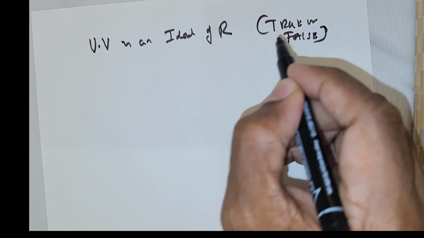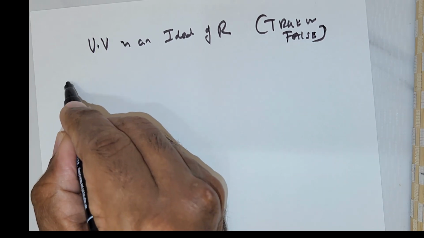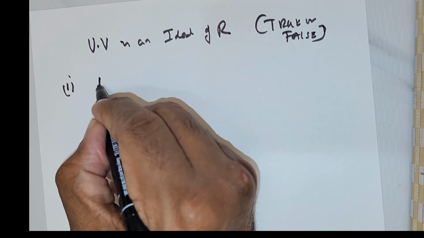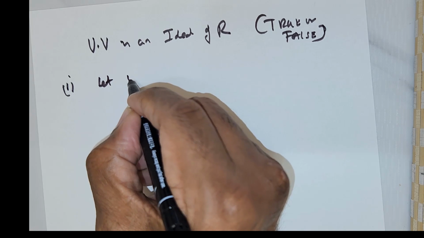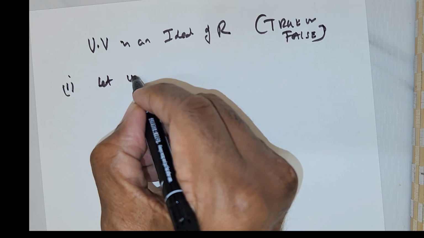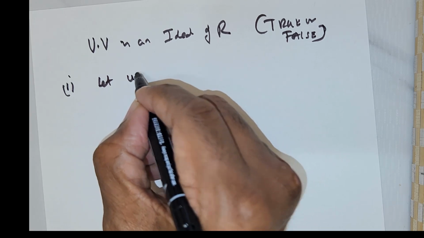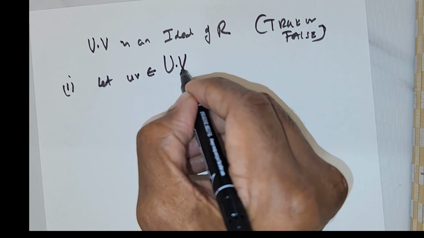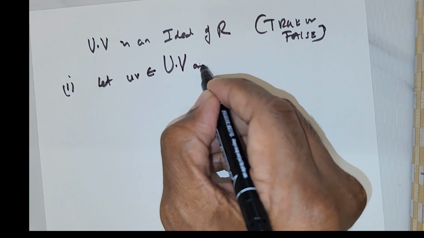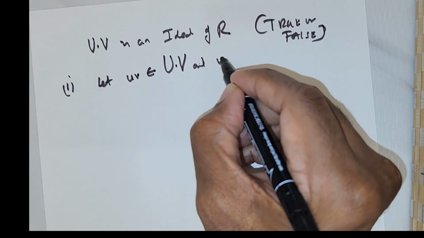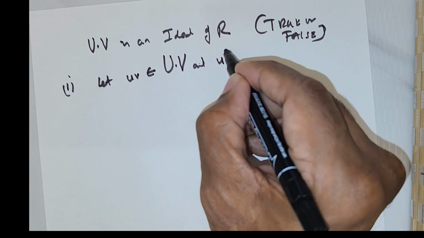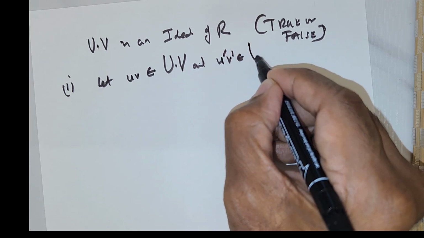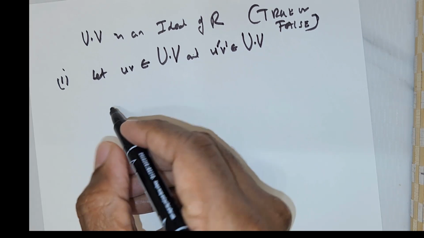Okay, so condition 1, let us check condition 1. Let uv be an element of U dot V, and say some u'v' element of U dot V.